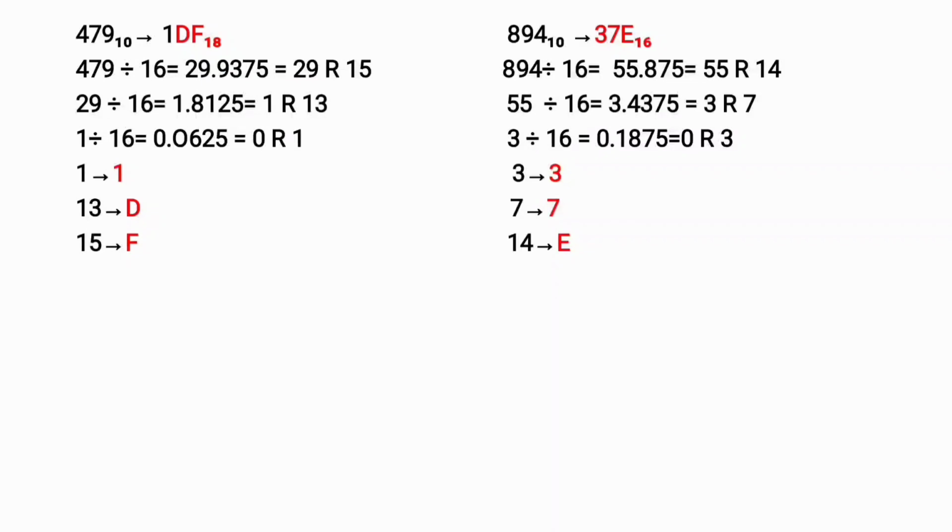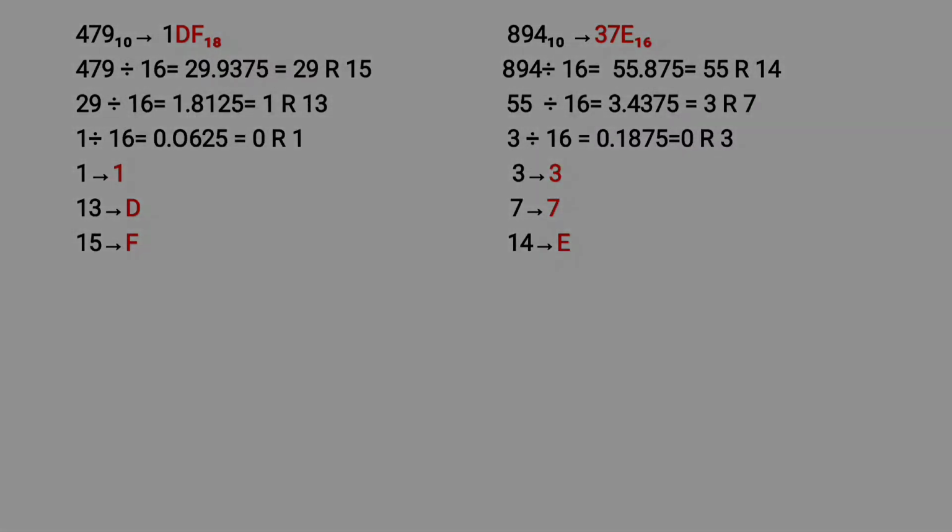Multiply 16 by 0.1875, which equals 3, the remainder of 3. 3 refers to 3, 7 refers to 7, and 14 corresponds to E. So 894 in the hexadecimal system is 37E base 16.